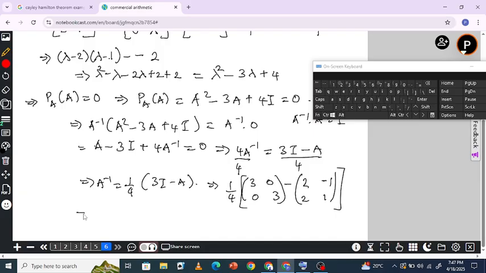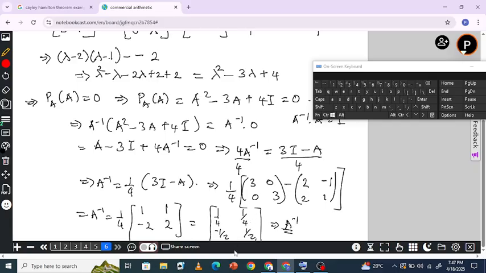The value we get here for A inverse will be a quarter into 3 minus 2 gives us 1, 0 minus 2 gives us negative 2, 0 minus negative 1 gives us positive 1, and 3 minus 1 is 2, which is the same as a quarter, negative a half, a quarter, a half. And that's our value for A inverse using the Cayley-Hamilton theorem.